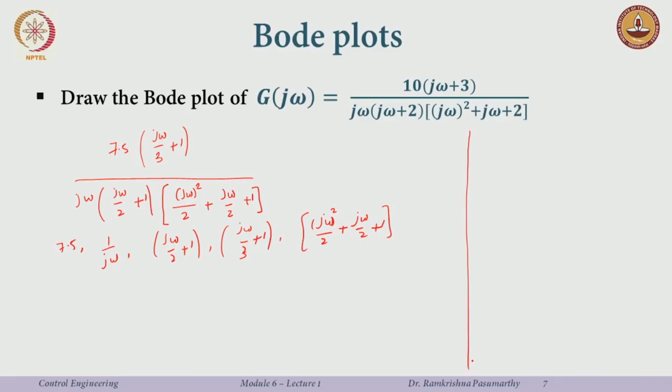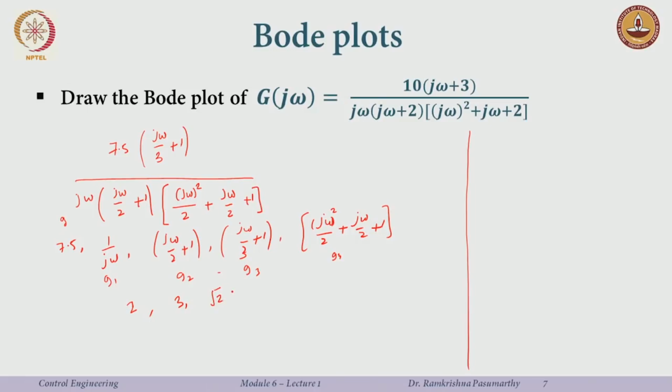I will call this constant 7.5 as g, and I will call these g1, g2, g3 and g4. Okay. So, let us identify what are the corner frequencies. There is no corner frequency associated with this one, there is no corner frequency with this one. This one has a corner frequency of 2, then 3 and this one has square root of 2.